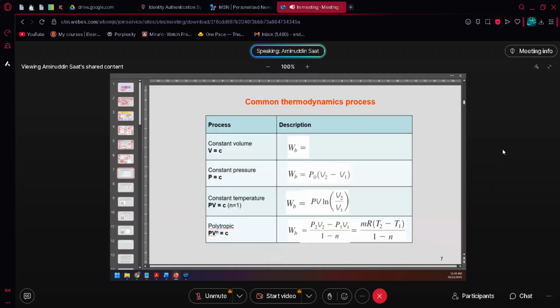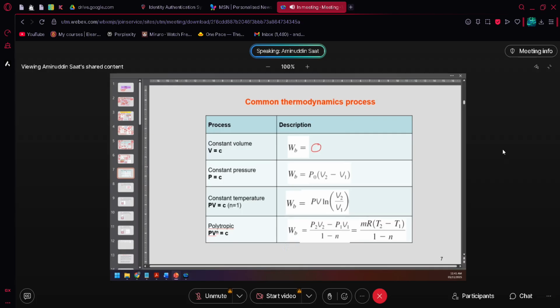Okay, so if I can put some summary here. For the constant volume process, the boundary work is 0. For the constant pressure, the boundary work is P times the change in the volume. And for the constant temperature, PV ln V2 divided by V1. Basically, you can rearrange this with other terms.